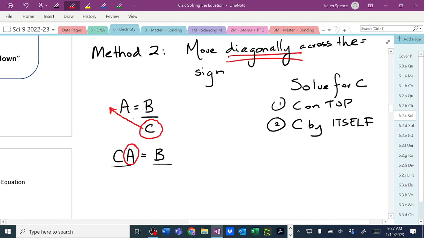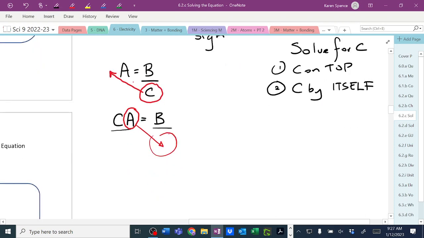Am I going to move it diagonally up or diagonally down? Where's there space for something? I have to move it down because there's nothing above B, right? There's an empty space down here. Okay, so I can move A down there. So now I have C is equal to B over A. And now I need C on the left, and it is on the left. So we're good.